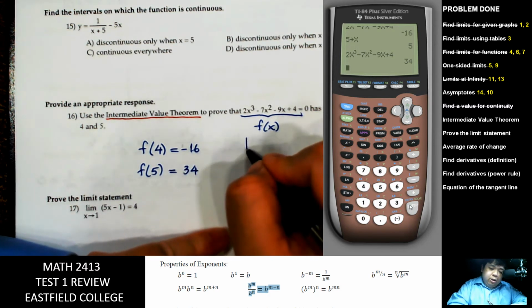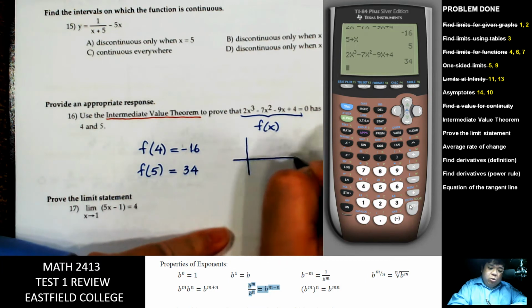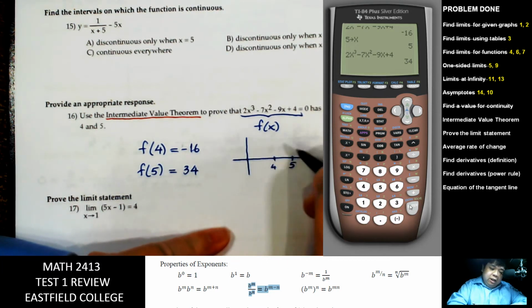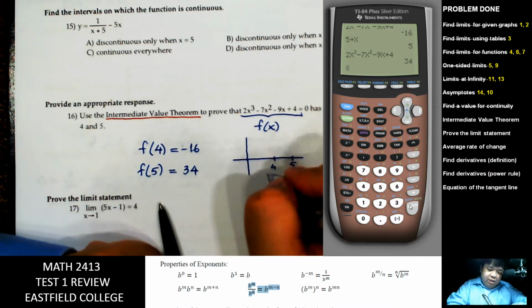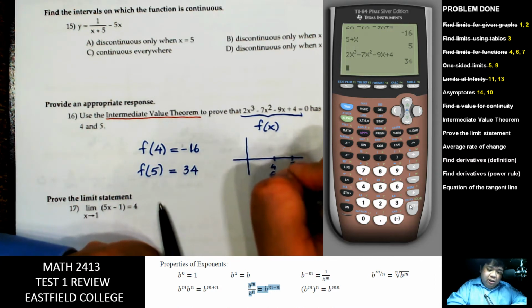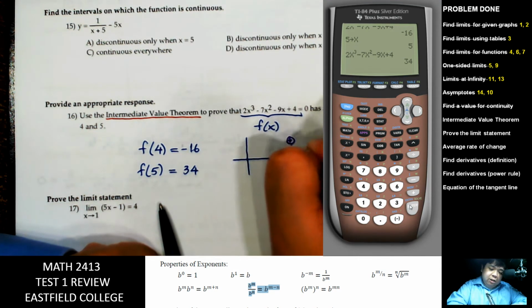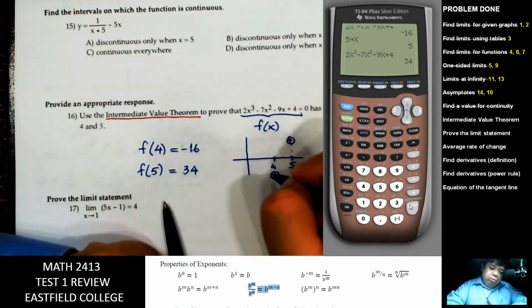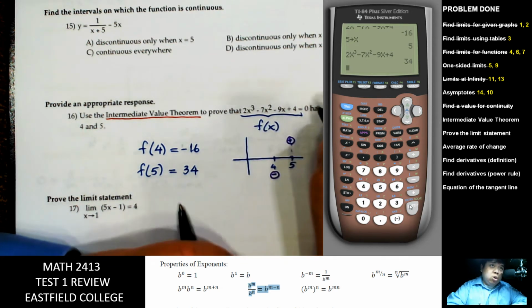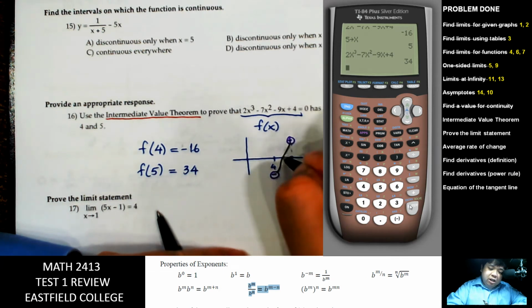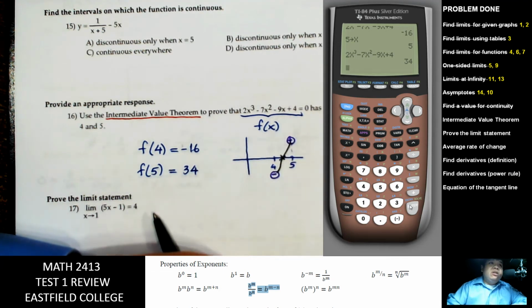So we do the sketch real quick. From 4 to 5, it will go from -16 to +34 at 5. If we have to draw the continuous function, it is continuous because it is a polynomial. We have to cut the axis at some point in the middle.